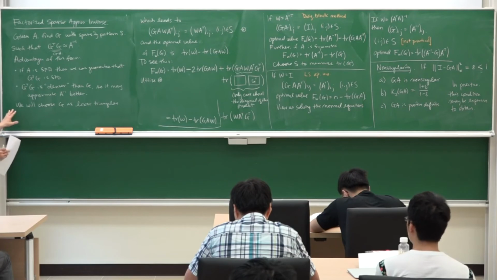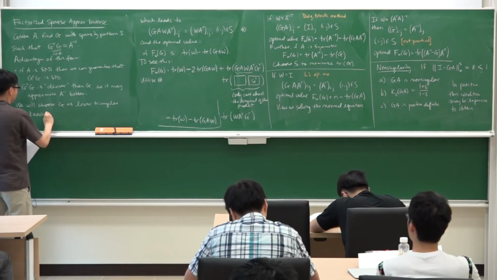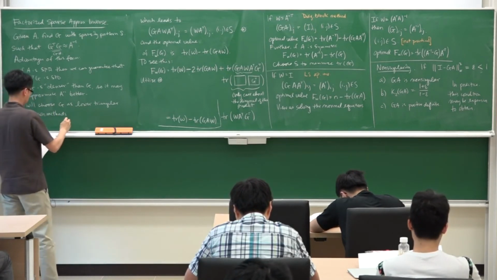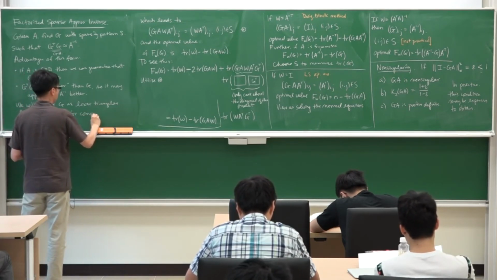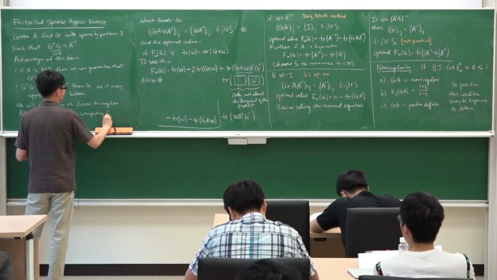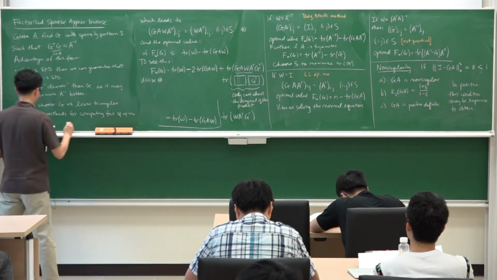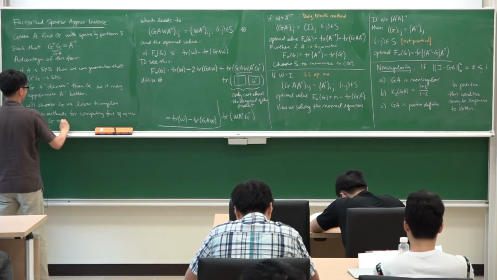All of the methods that are known for computing these factorized sparse approximate inverses use G as being triangular.